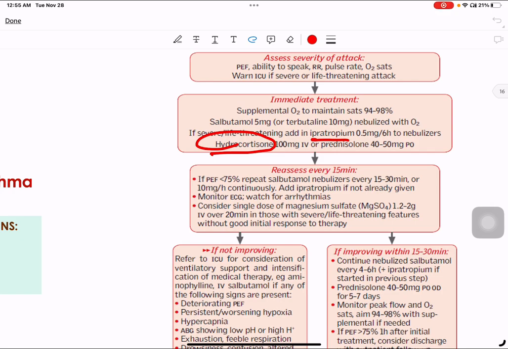If there is a good response, we can send the patient home. But if the response is not good, we have to repeat nebulization.